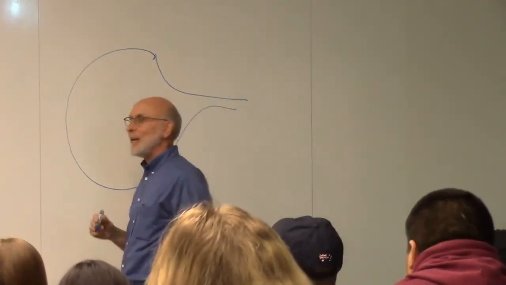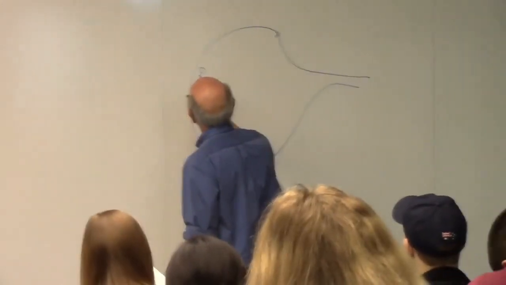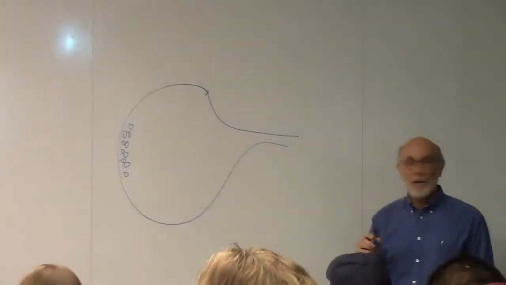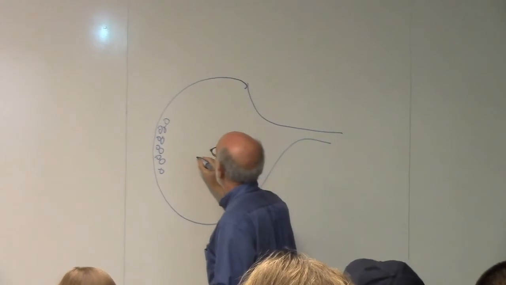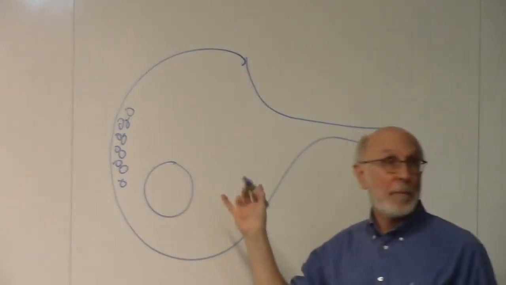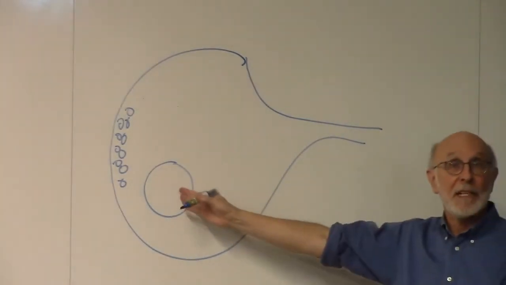I didn't give you any hints there. If I had drawn it like that, you might have known that's a presynaptic terminal because those are synaptic vesicles. I'm going to take one of those synaptic vesicles and blow it up hugely out of proportion. So this is a synaptic vesicle.